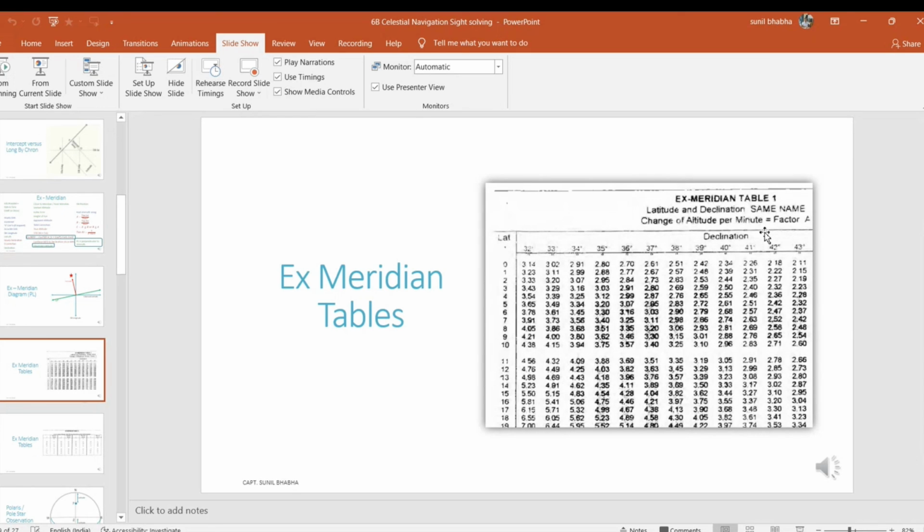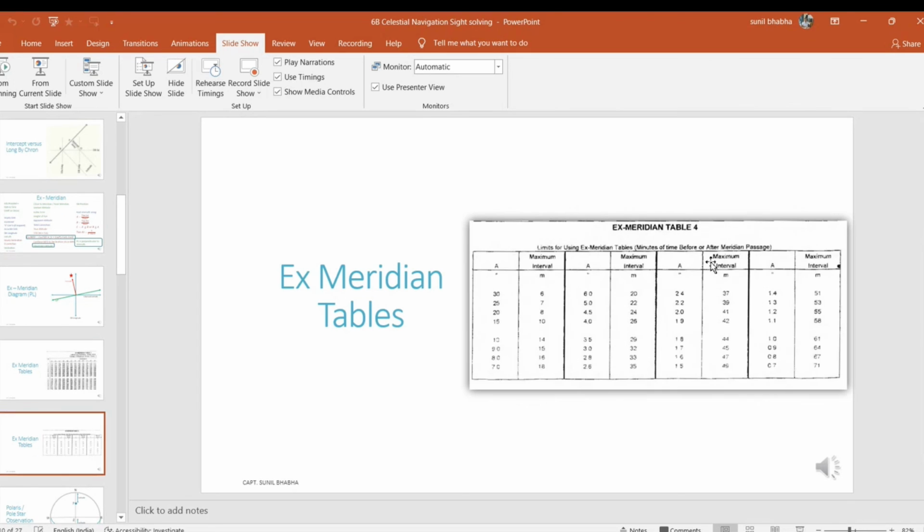वो जो टेबल 4 है सर, हाँ टेबल 4. इसमें सेम यही है सर, फैक्टर A एंड R एंगल दिया हुआ है जो नॉरिस टेबल है मेरे पास. You have the angle, sorry, factor A and the R angle. Yes sir, Ex-meridian table 4. Can you take a picture and send me better? Or you can show it here. Okay sir.